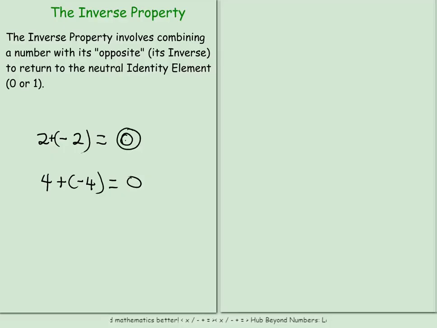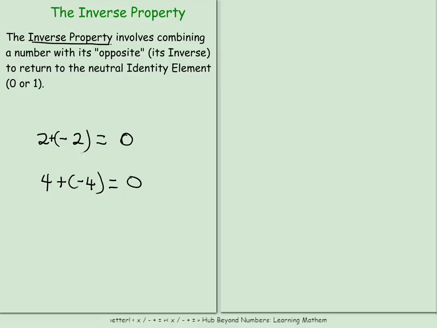Now, we know that 0 is the identity property for what? Addition. And as you can see, we are adding two numbers and we are getting the identity element as well. What is happening here? We are adding 2 to its inverse.